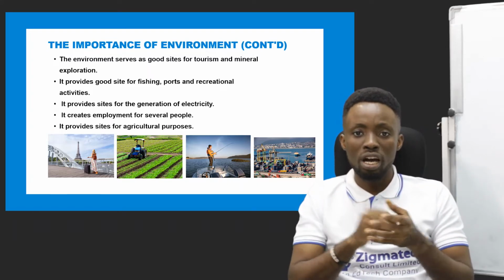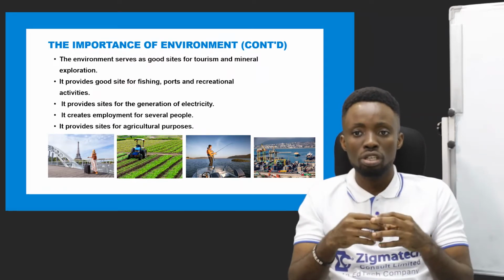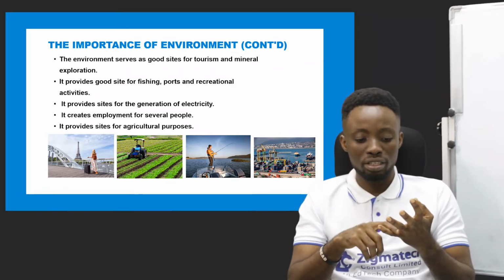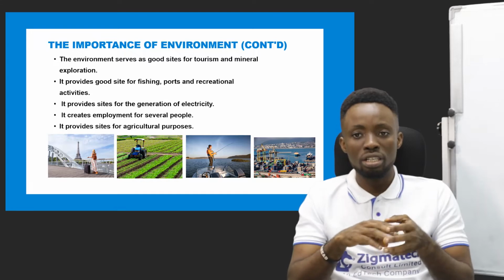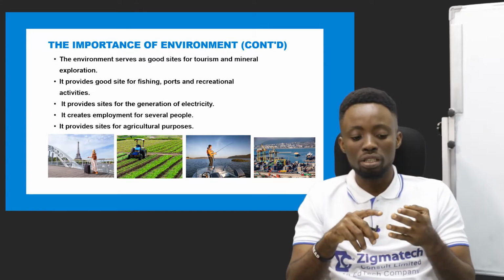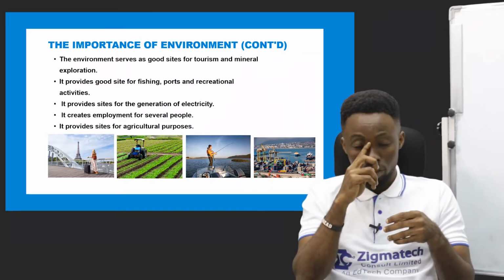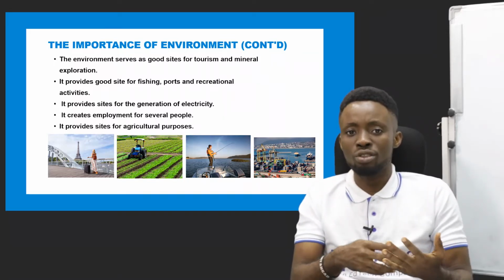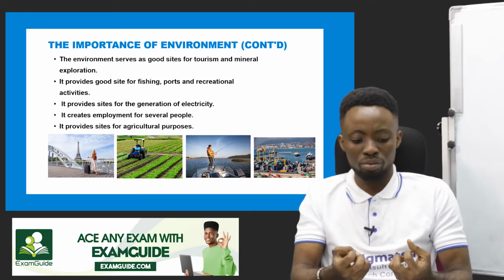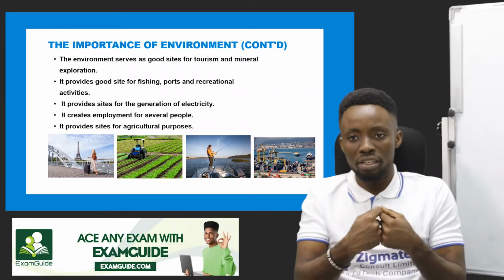And also our environment provides employment opportunities for us. Take for instance the farmer, the lumberman, the fisherman. These people get what to do as a result of the resources made available by the environment.